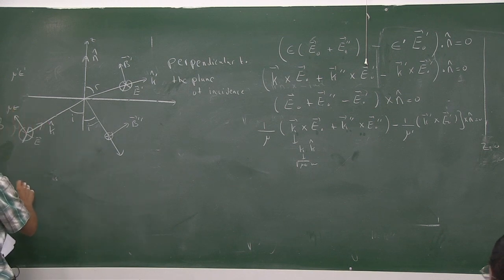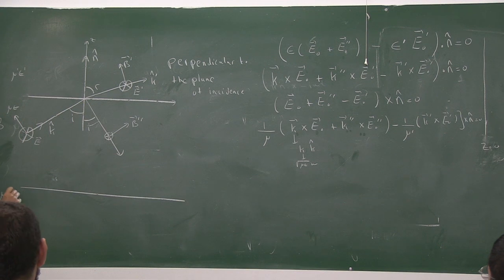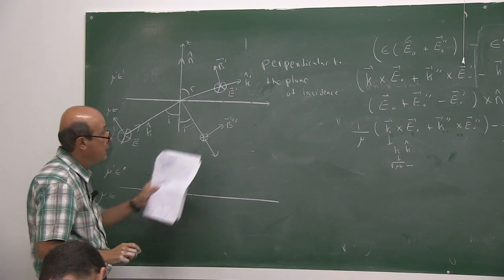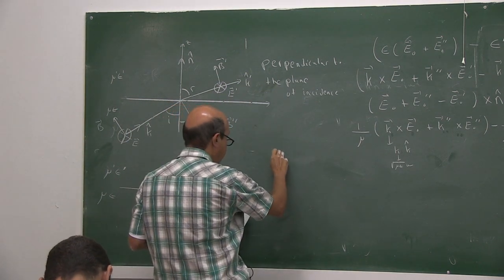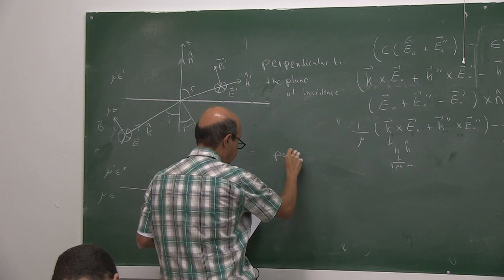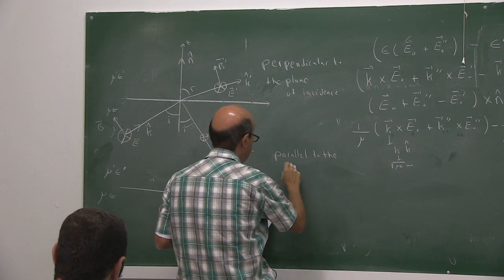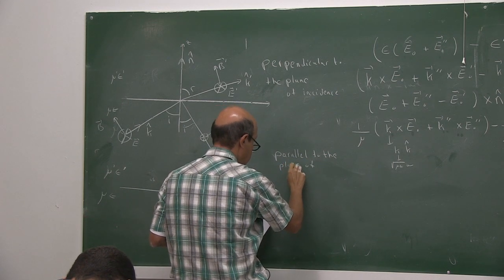Let us draw the diagram for the other mode. Mu epsilon, mu prime epsilon prime. Now we have the polarization parallel to the plane of incidence.